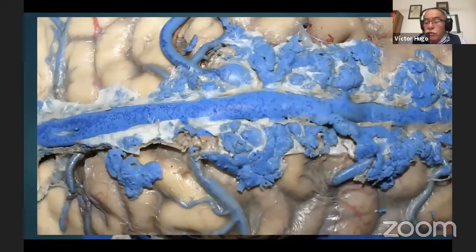Here we have another view of the superior aspect of this brain. Here we have this inferior petrosal sinus.